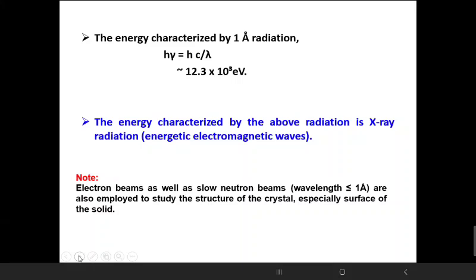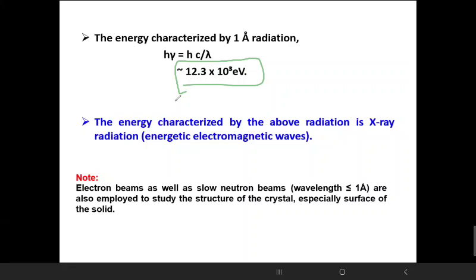So the energy characterized by 1 angstrom. 1 angstrom energy is equal to 12.3, equal to h nu, that is the famous Einstein equation, which is equal to hc over lambda. So by using that lambda, you can find out the energy of that particular wave is 12.3 into 10 to the power 3 electron volt.